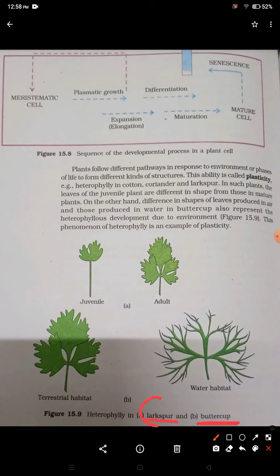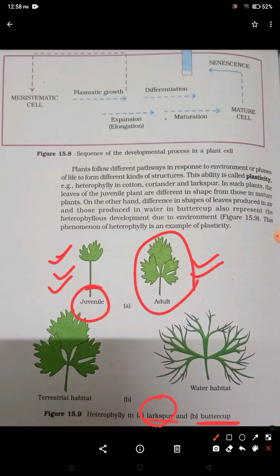What we are observing in case of larkspur, two types of leaves are there. In a juvenile phase, small incisions are present in the leaf. But when the leaf becomes adult, more incisions take place in the leaf. This is known as heterophily in case of larkspur, that is presence of different types of leaf showing different shape and size.